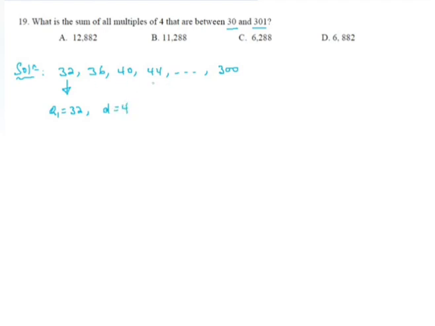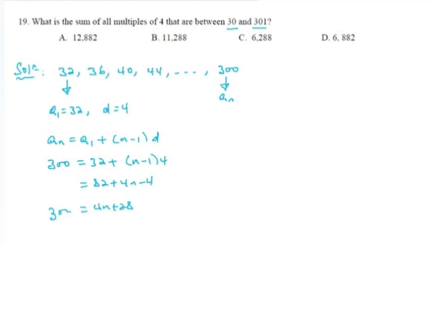So to know the total terms, we can say this is the nth term. Okay, so the nth term equals the first term plus n minus 1 times the common difference. So we can get the total number of terms. So 300 equals 32 plus n minus 1 times 4. This means 32 plus 4n minus 4, which is 4n plus 28, equals 300.